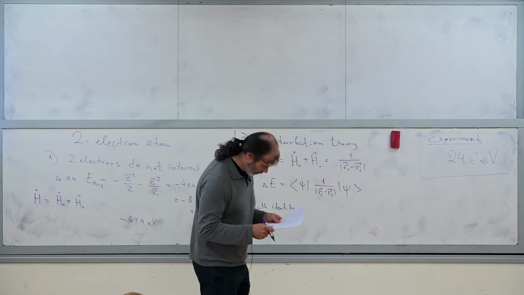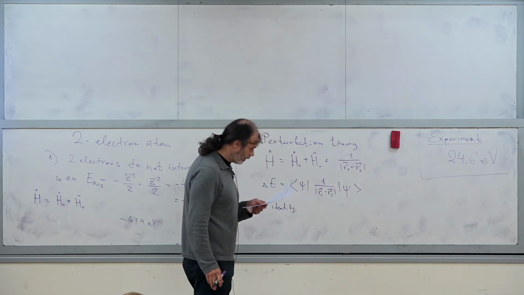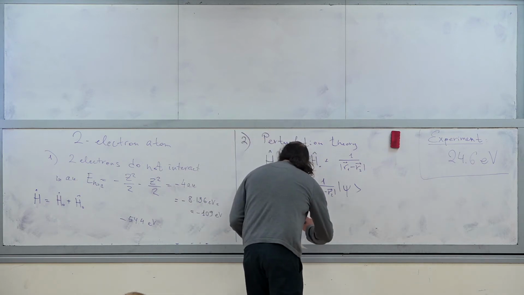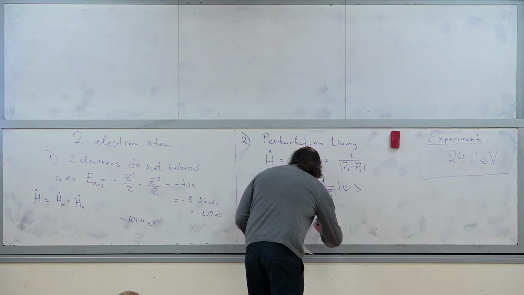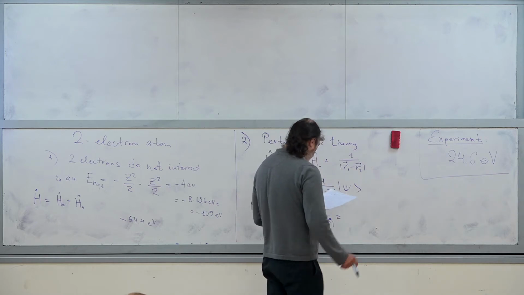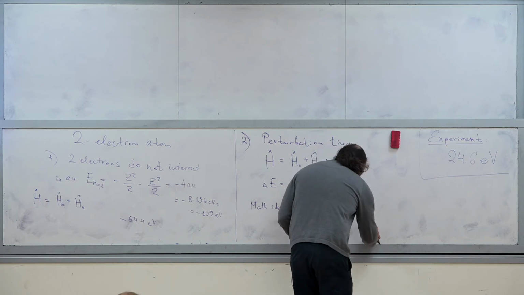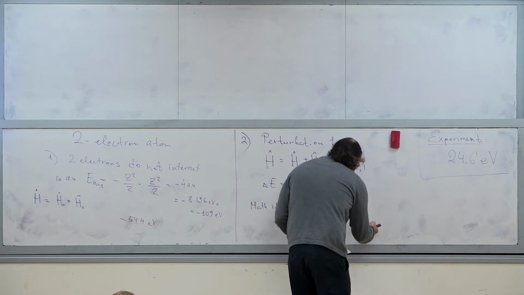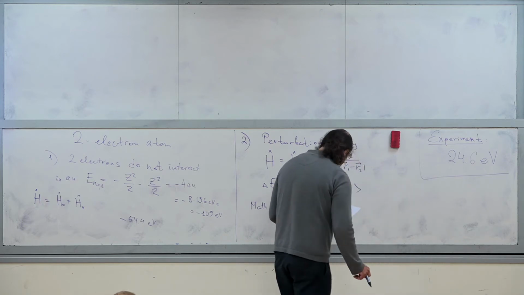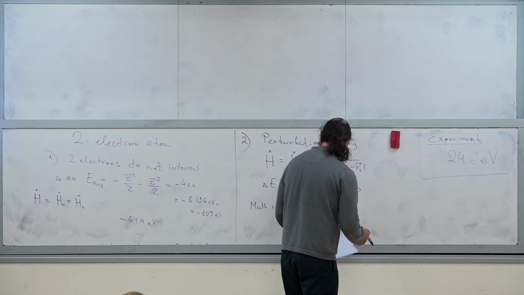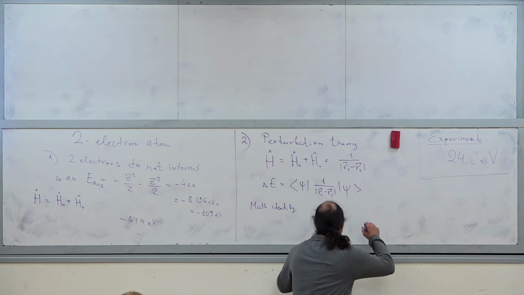So the many electron atoms will be hopeless indeed. So we use the following mathematical identity. So 1 over |r1 minus r2| is essentially equal to some expansion into the Y functions, the angular momentum functions.